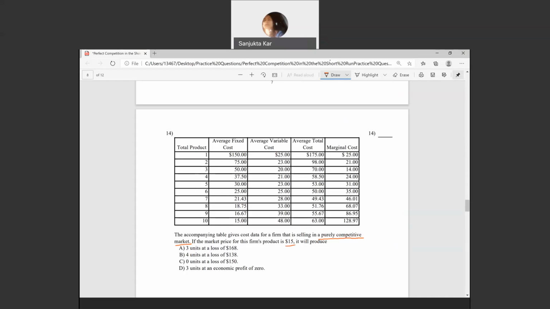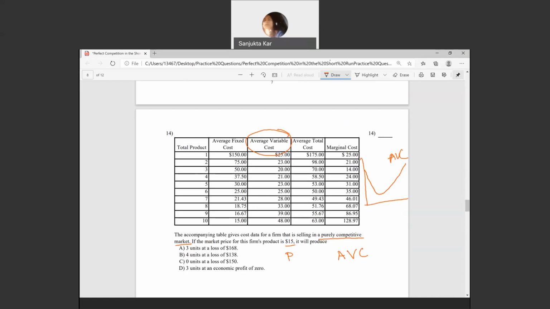So the price is equal to $15. I'm going to compare this to the average variable cost. This is how the average variable cost looks like. It goes down, reaches a minimum, and then goes up.